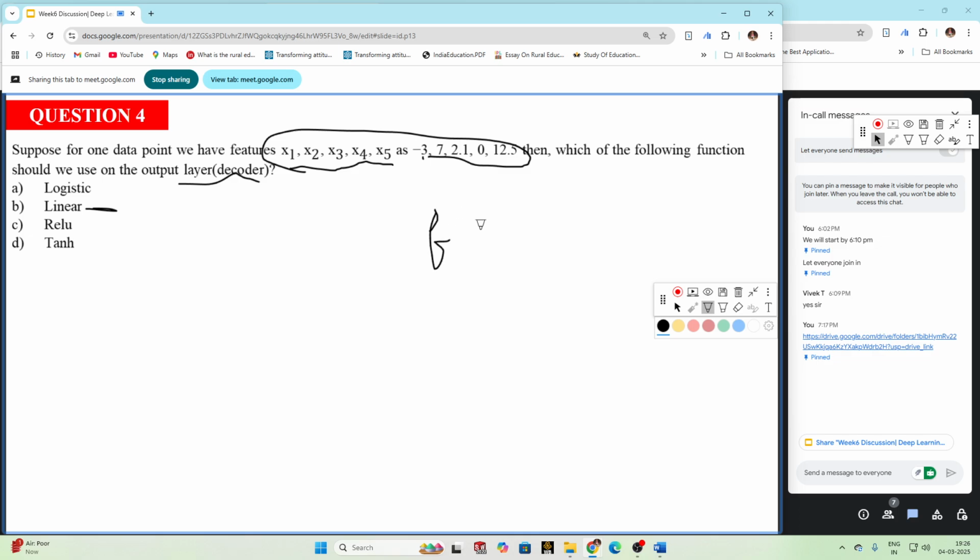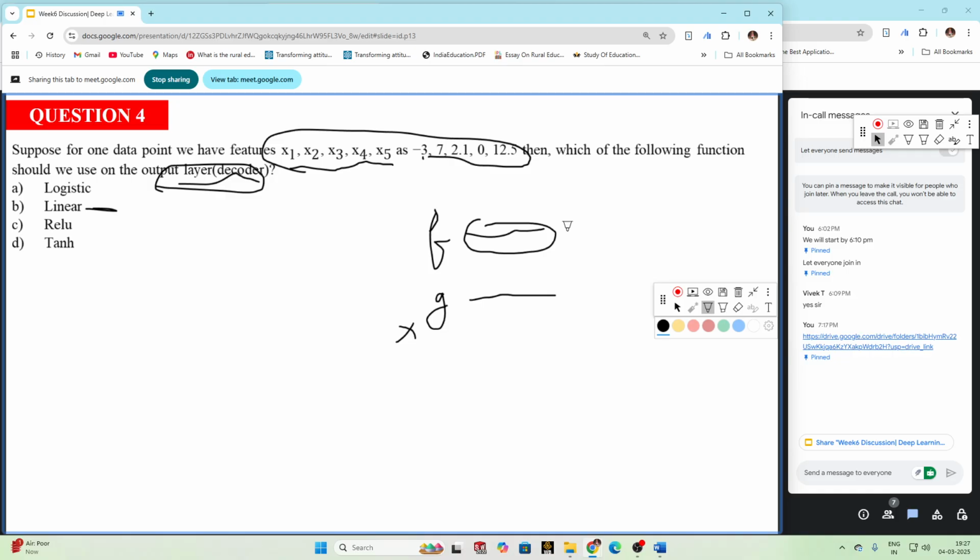See, we have two activation functions, one is f and the other is g. The g activation we are using in the hidden layer or the encoding layer. The f activation we are using for the output layer or the decoding layer. Here it is asked for the output layer or the decoding layer. So g is always kind of sigmoid, but f will depend on your input, either real valued input or binary valued input.